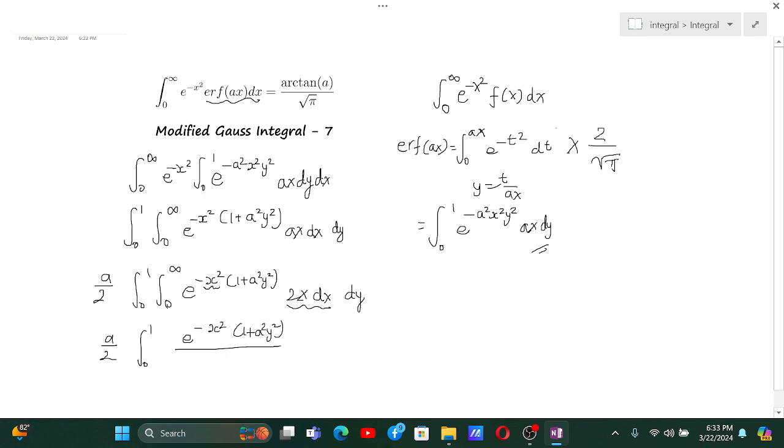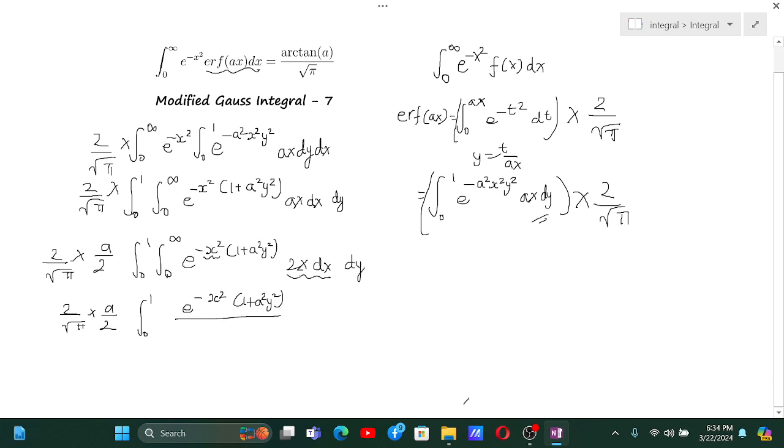I'm sorry for forgetting this, but this is actually an important thing. I was messing up the whole calculation due to that. Times 2 by root pi. I'm sorry for messing this up.